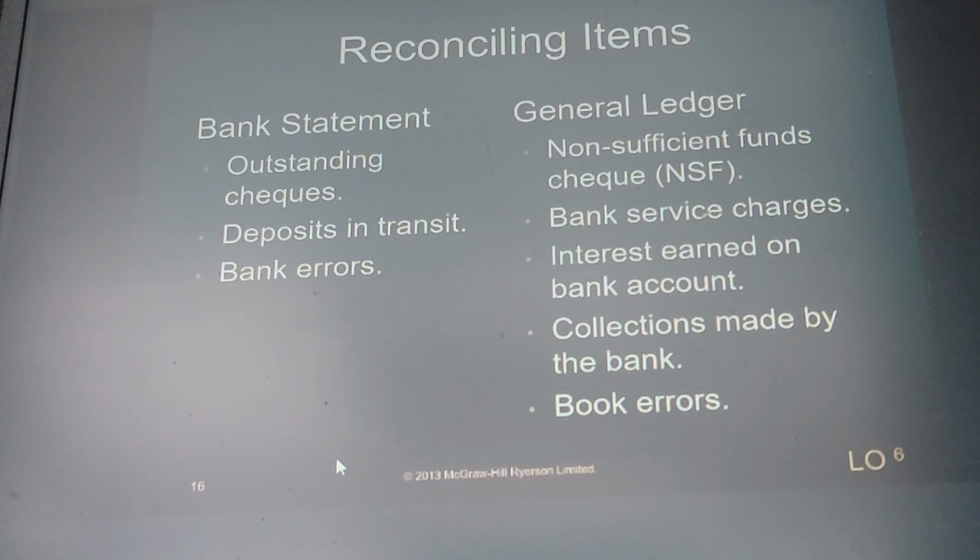Okay. The statement came and you see that, oh, it's the monthly charge for the bank. So I only saw it in the statement when it came to me. So, okay, I should reduce my balance here by 50.